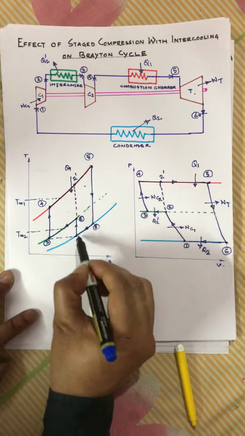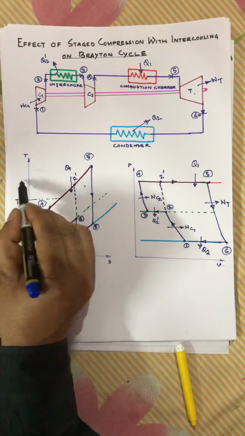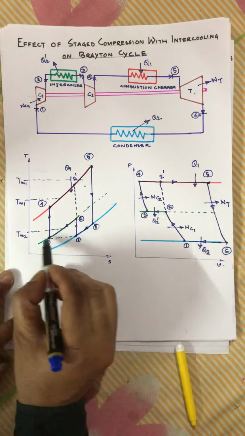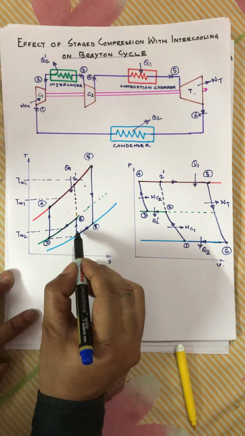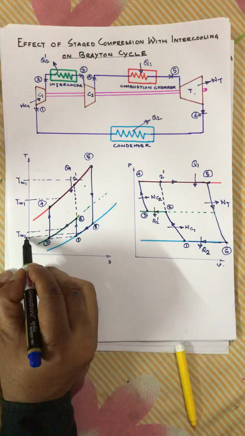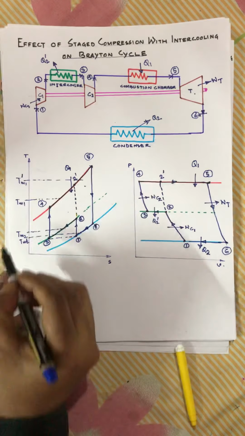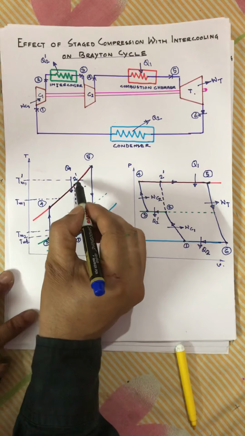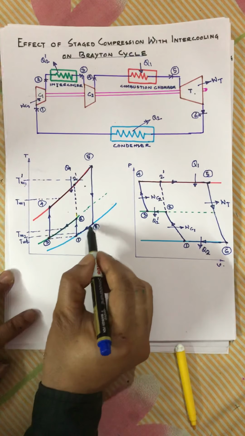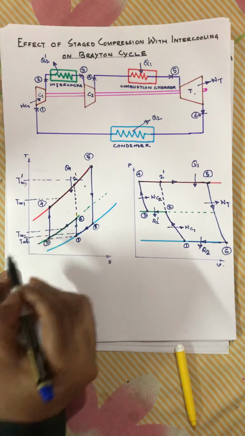And for the basic cycle, the mean temperature of heat addition is Tm1 dash, and the mean temperature of heat rejection for this basic cycle is Tm2 dash.